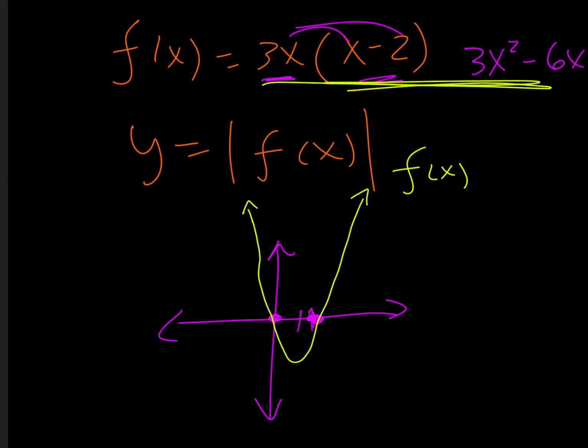Now, if we want to do the absolute value, what's going to happen is anything that's below the x-axis is going to jump up. So this portion is going to go like that. So it's going to look like a weird W if we do.